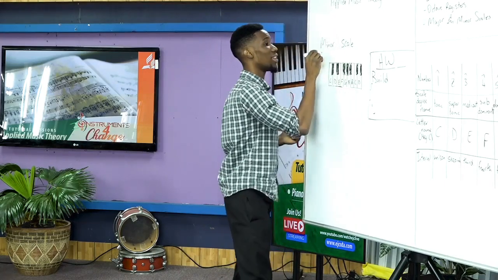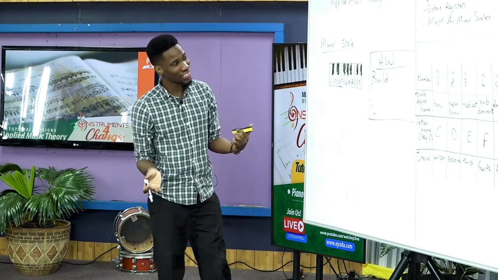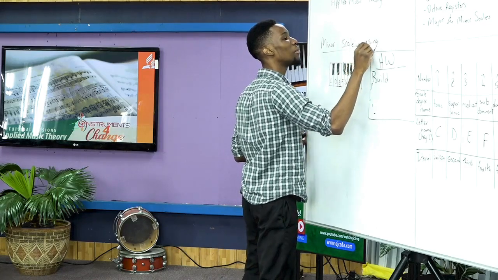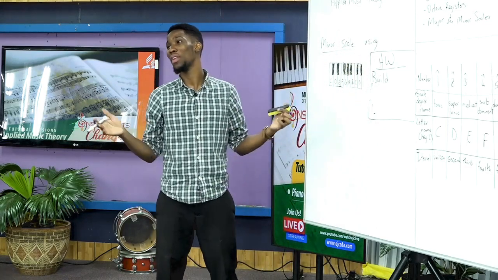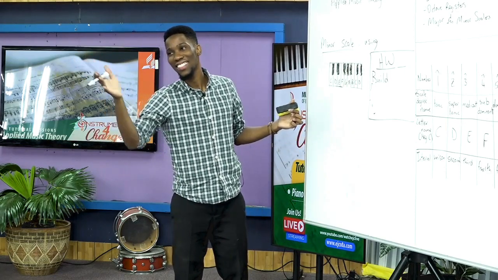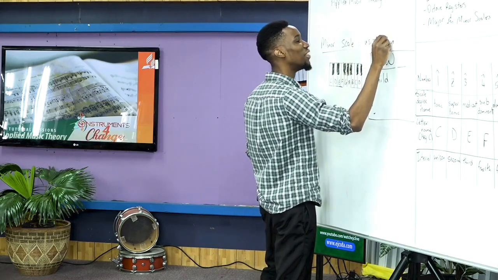So the minor scale is built using, if the major scale is built using major intervals, how do we build the minor scale? How do we build the minor scale, Leslie? Minor interval. Thank you.